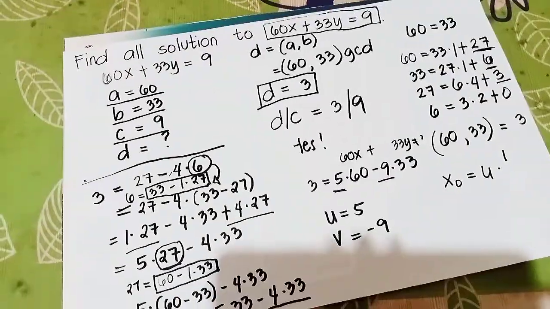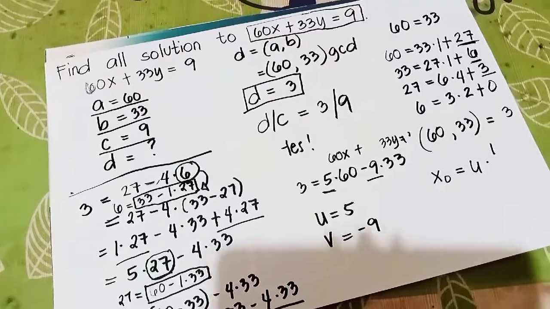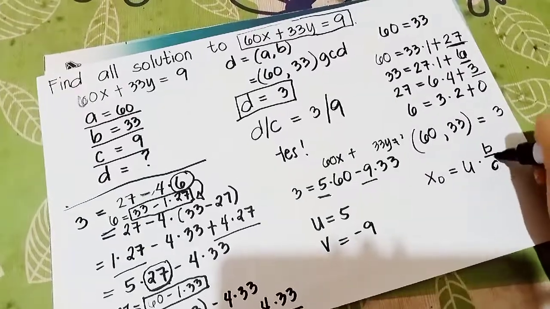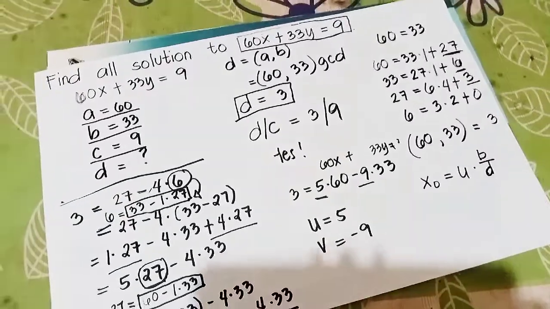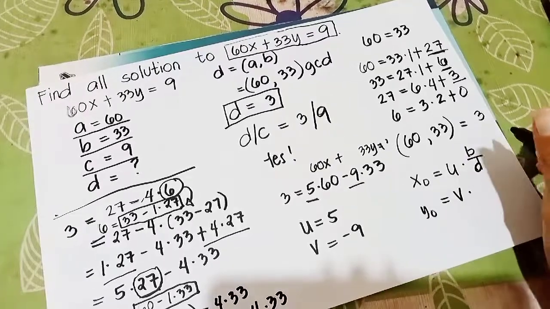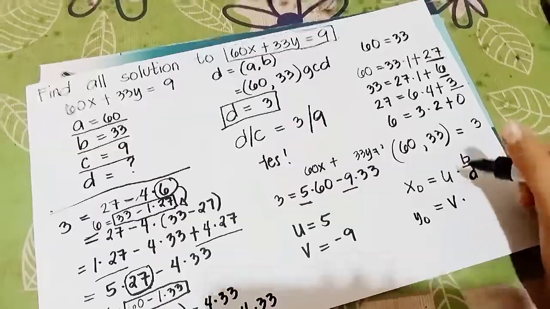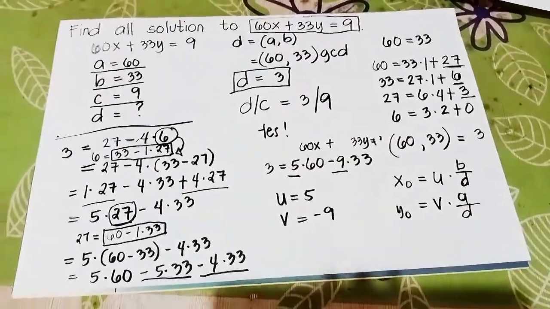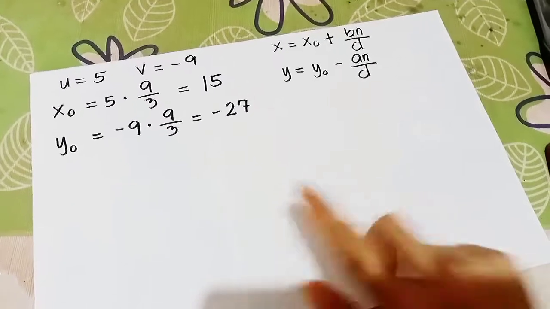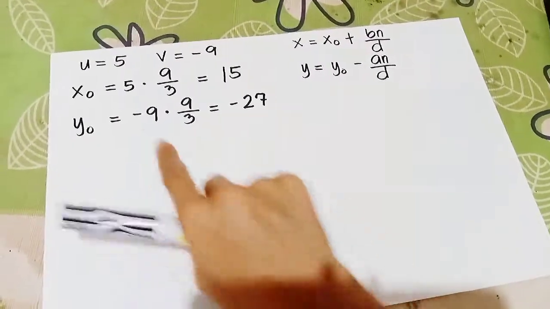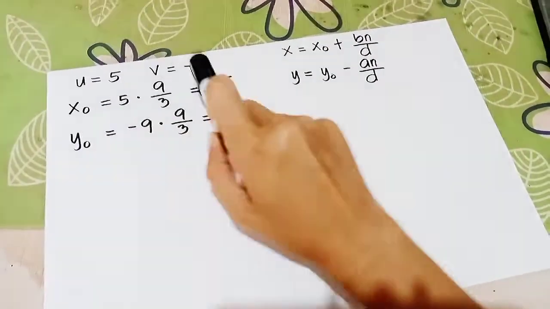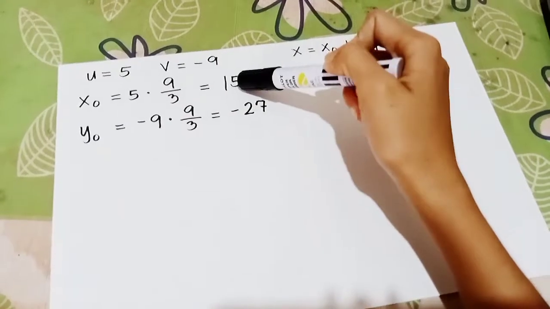Therefore, x0 equals u times b over d and y0 equals v times b over d. To find the value of x0, from the example, u equals 5, v equals negative 9.